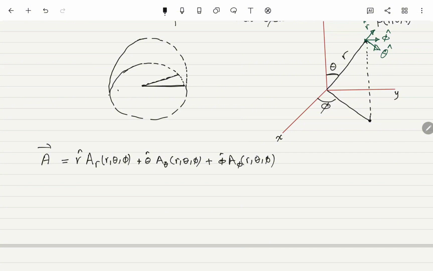Like in Cartesian coordinates, i hat cross j hat gives k hat. Similarly, r hat cross theta hat will produce a new vector perpendicular to them. The vector perpendicular to r and theta is phi hat. And the volume element dV in this case equals r squared sine theta dr d theta d phi.